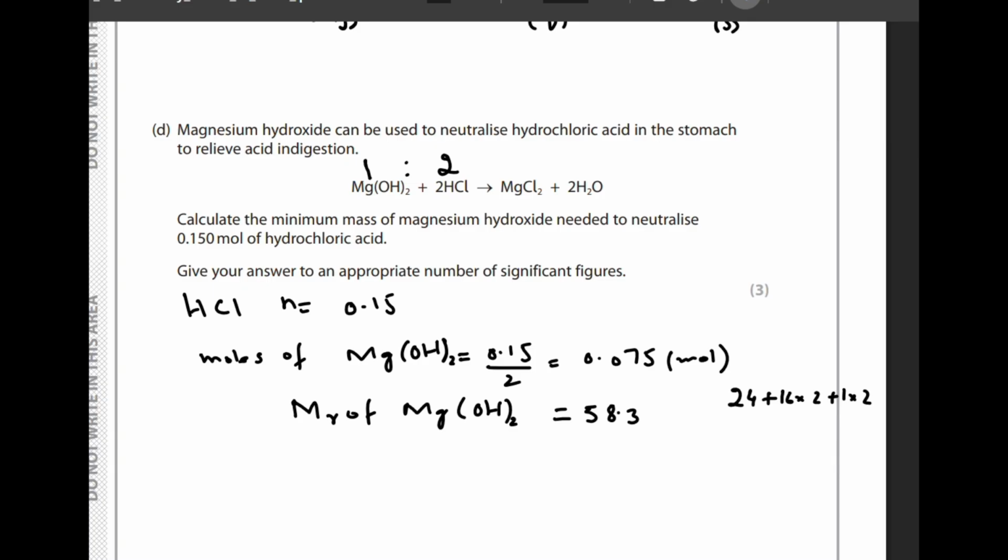Now we need to calculate the mass of magnesium hydroxide. So mass of magnesium hydroxide is equal to 0.075 times 58.3, which is equal to 4.4 grams. So this is the correct answer.